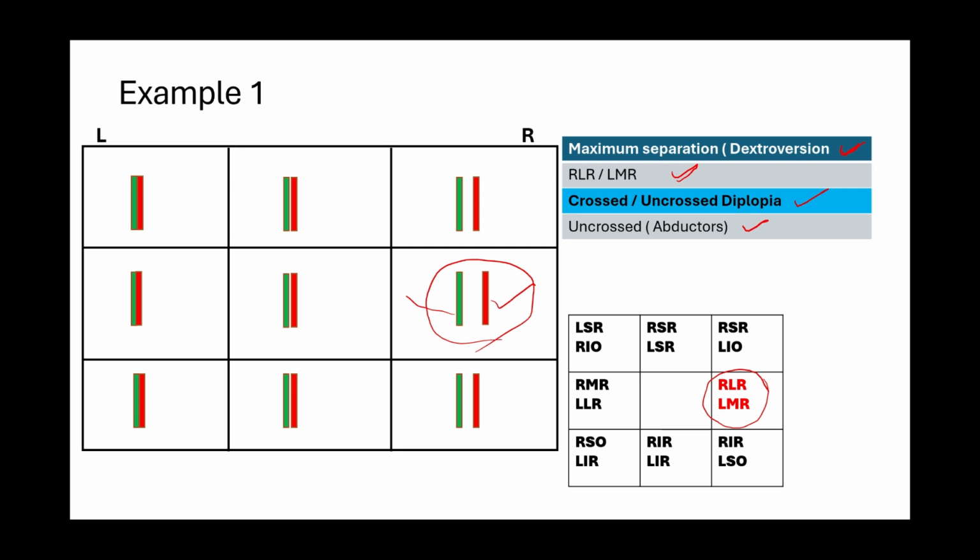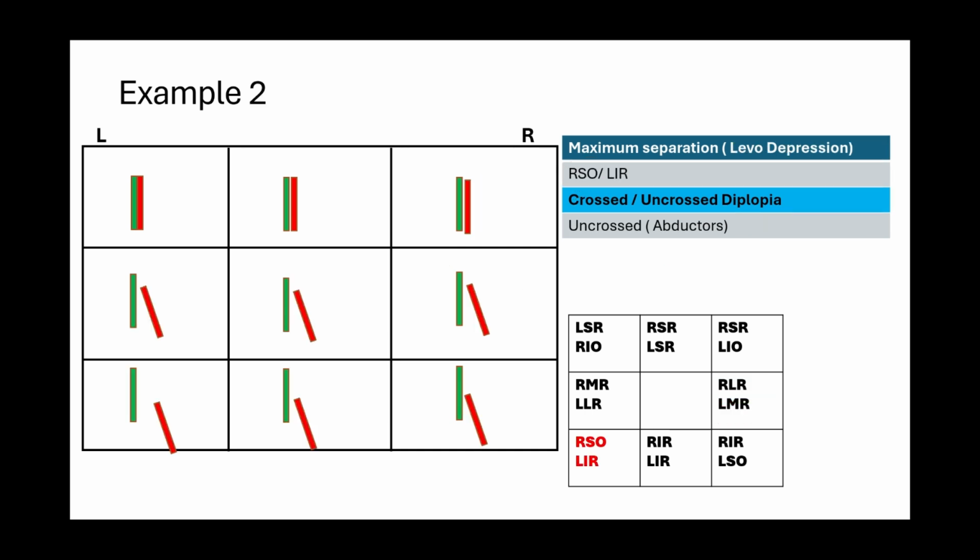So out of these two muscles, the medial rectus is an adductor, so that rules it out. So now we have found the culprit, which is the right lateral rectus muscle. So we have found that right lateral rectus palsy is the reason for this type of diplopia chart.